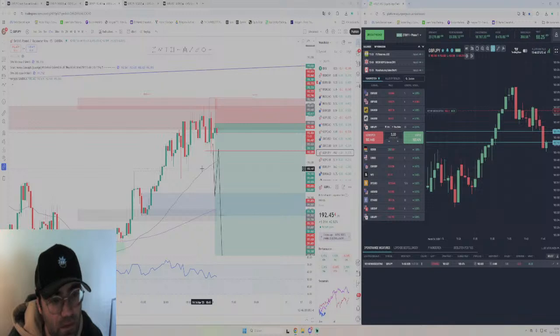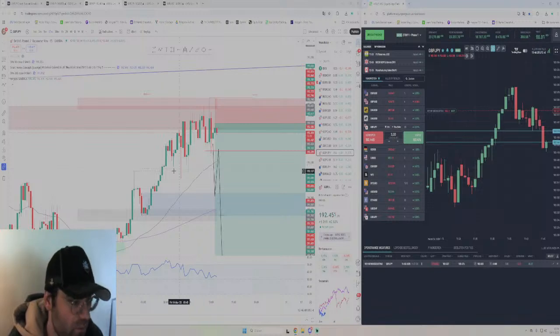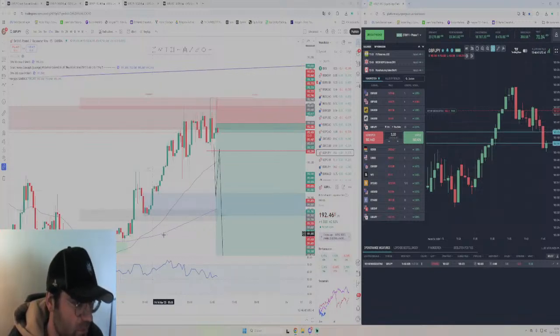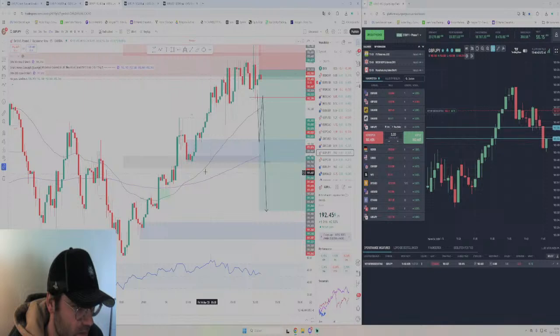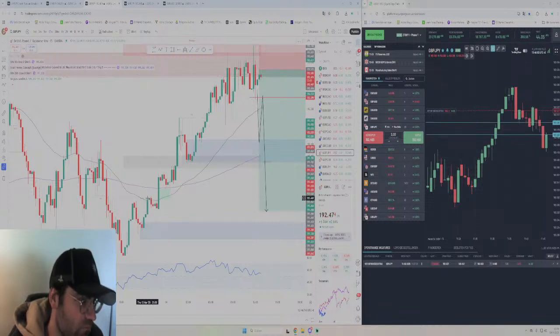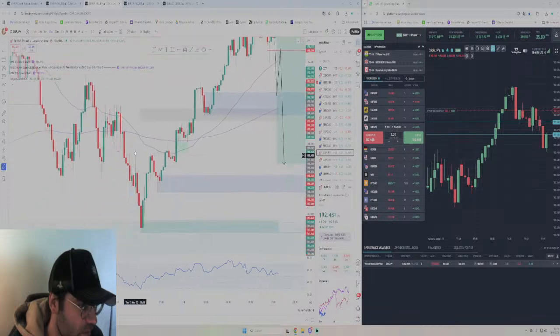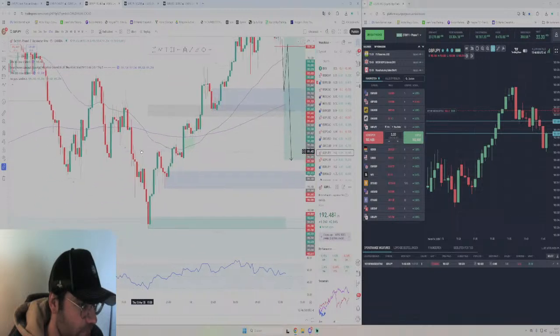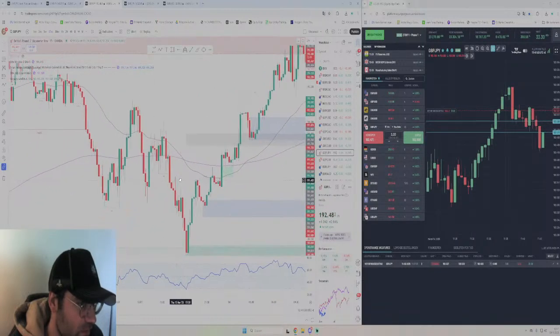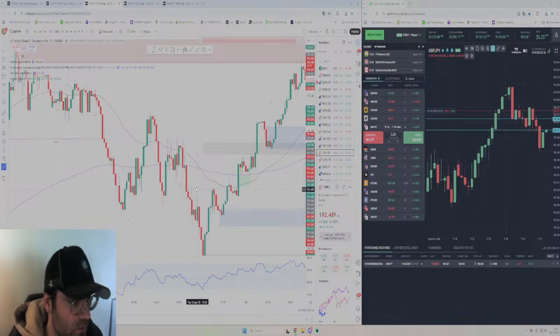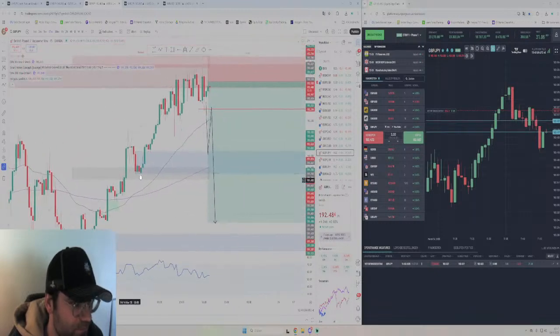I would say 1 out of 5 or something probably has no wick, maybe even less. Like if you look here, all these have wicks. This one doesn't, this one doesn't, this one doesn't. So there are quite a few that don't, but more candles have wicks than not. That's definitely 100% a fact.